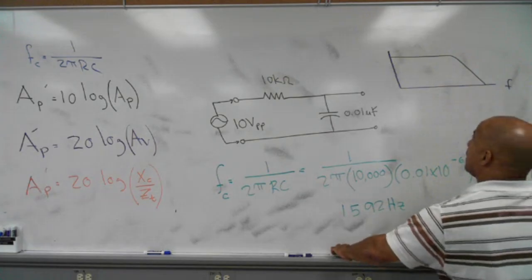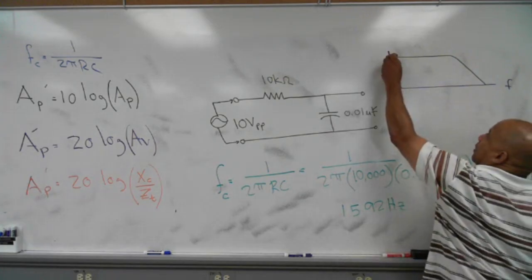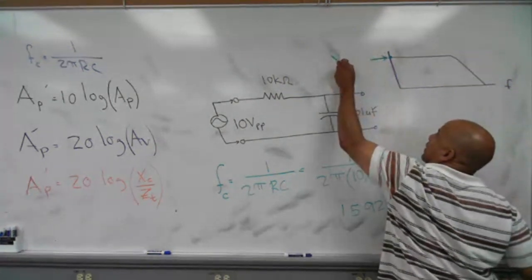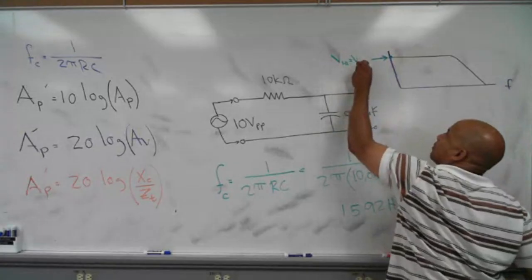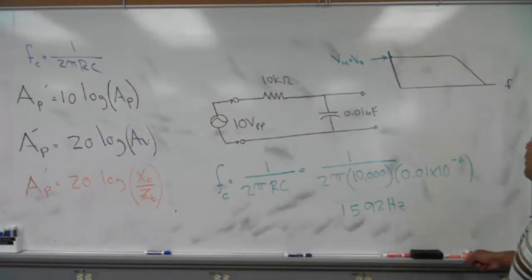And I know this point right here, don't I? That's the point where Vn equals V out, so I know that point. And now look at what else I know. That's FC.